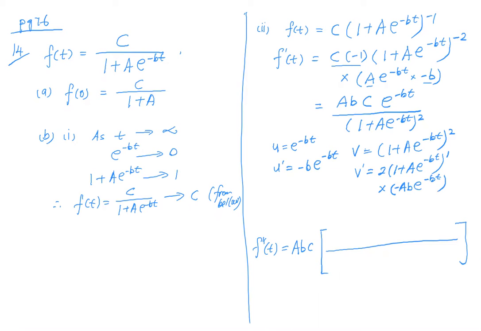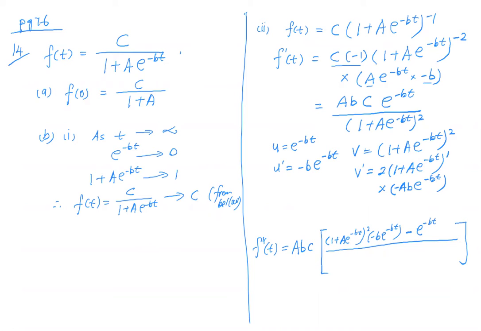Okay, after you have done that, you put it into your formula. So it's v u prime minus u v prime.